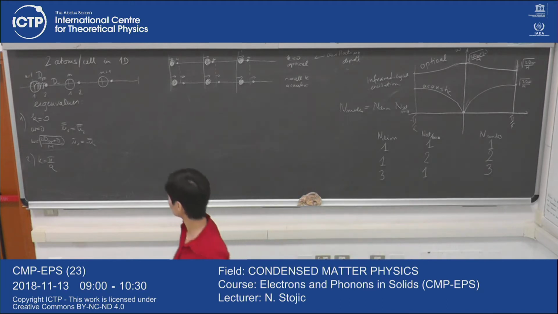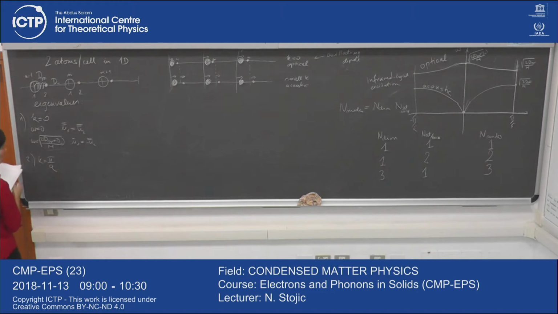So at the zone boundary, the solutions are, what do they call omega 1? Complicated to look. Omega 1 is the weak one. It's acoustic.